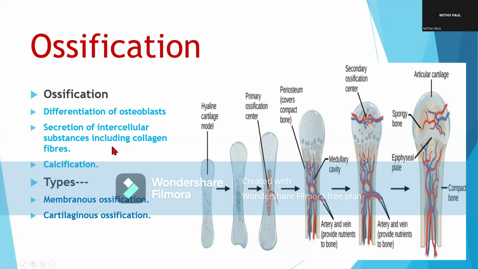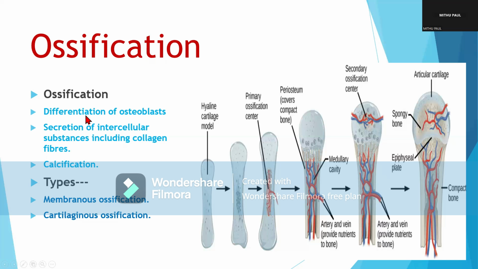And in the intercellular matrix, there is calcification, that means deposition of calcium phosphate to make the developing bone rigid and hard. So all these three procedures together are known as ossification.